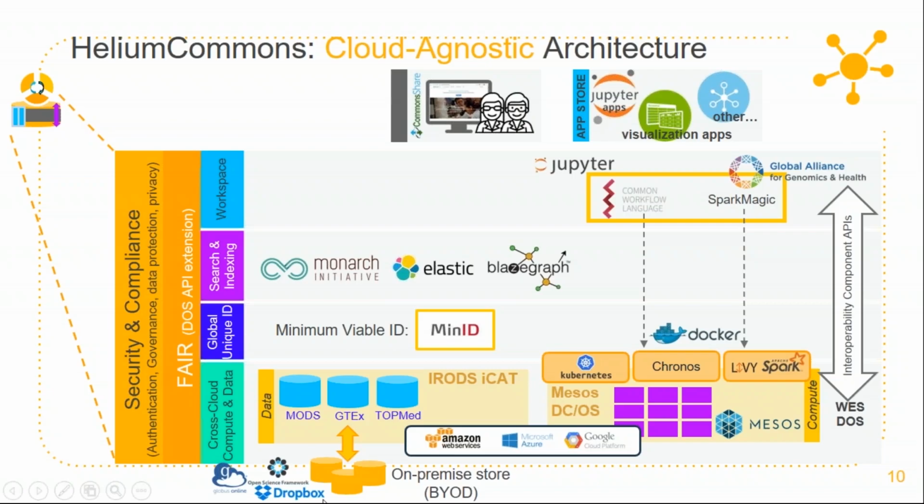At the bottom here, let's see if I can find that. Here our data sets are represented. These actually sit in different cloud environments and they have different security requirements. So just to say, MOD stands for the model organism databases, GTEx is the, I'm going to get this wrong, genotyping of tissue expression, anybody correct me, that was done from cadavers.